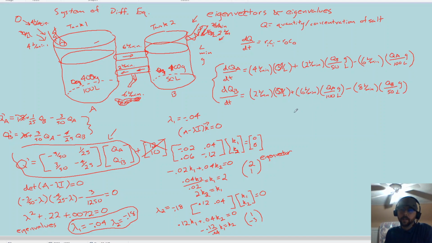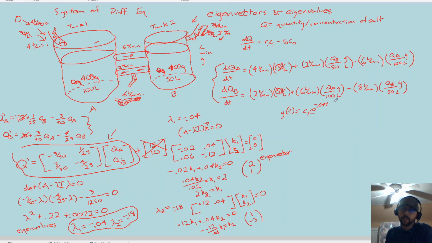So now I need to take, and the final solution is going to be y of t equals D1 e to the lambda t, so e to the negative 0.04 t, times whatever eigenvector was associated with the eigenvalue.